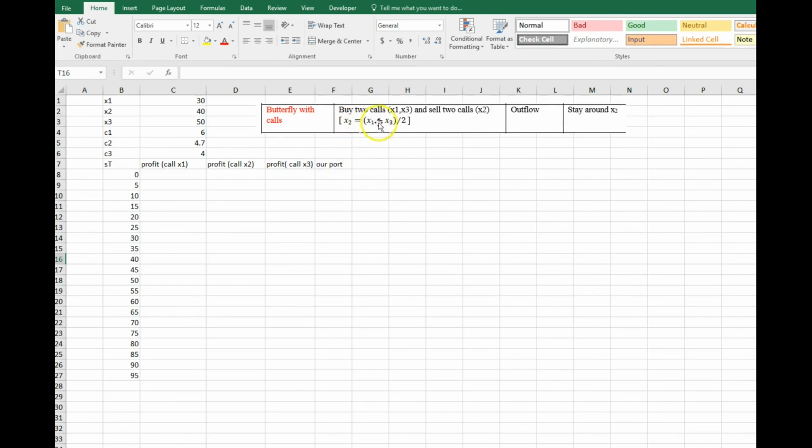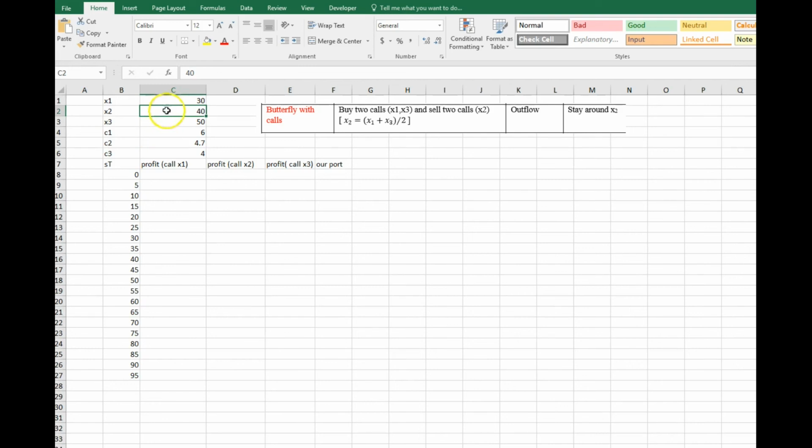We are going to buy 2 calls with X1, X3 as the exercise price and sell 2 calls at X2. So X2 is the average of X1 and X3. We have initial cash outflow. Let's assume X1, X3 are 30 and 50. So average will be 40.